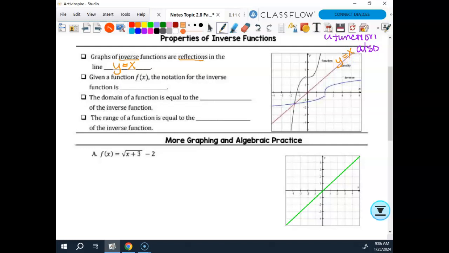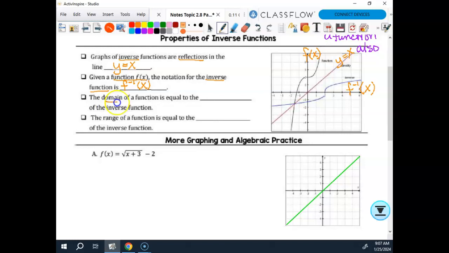Given a function f of x, so this is our function, the notation for the inverse function is f inverse, looks like a little -1, of x. That is definitely not new business. So for functions and their inverses, we switch x and y, right? That's how we find an inverse.